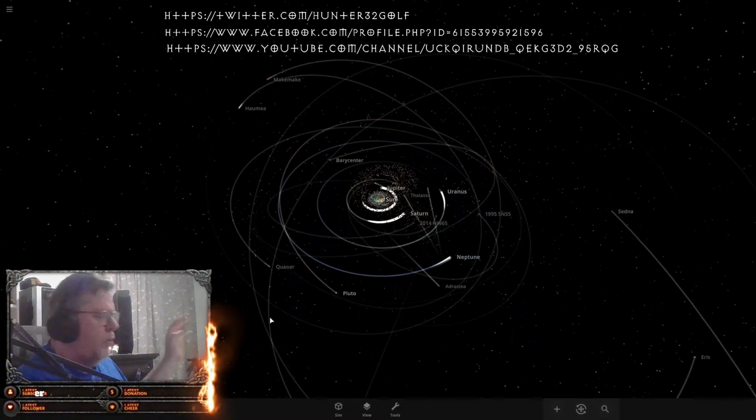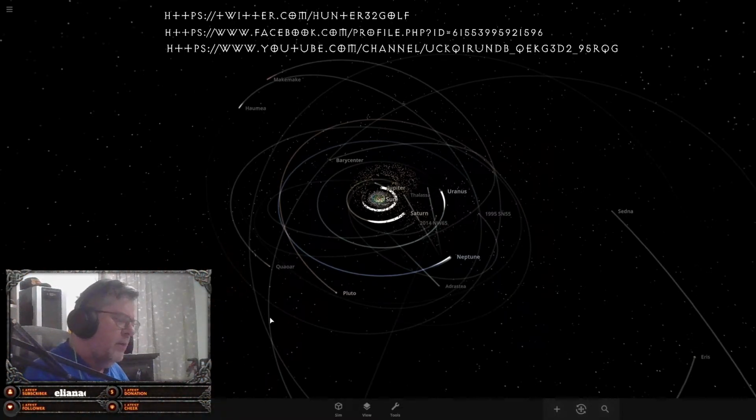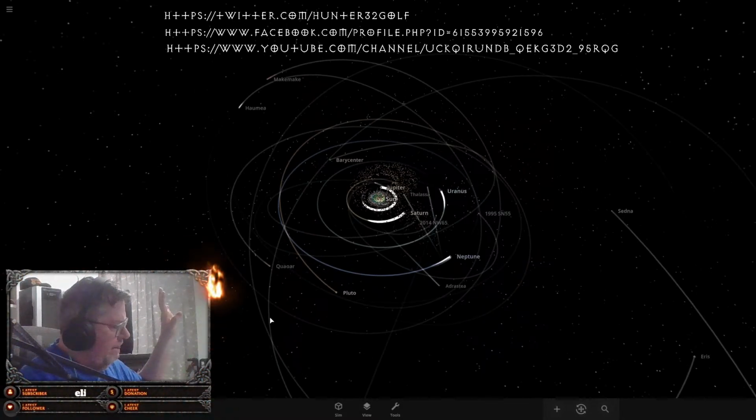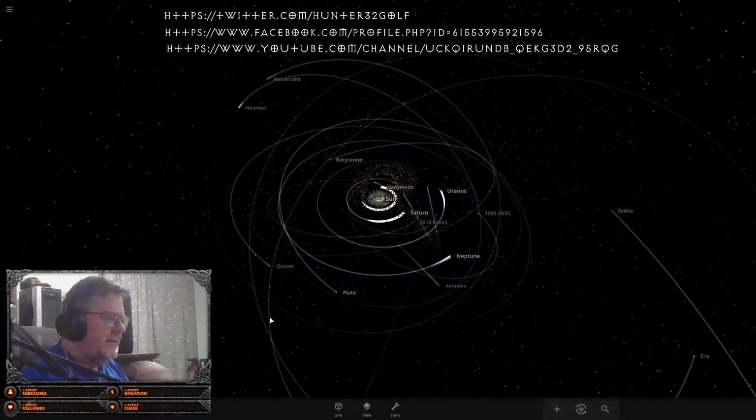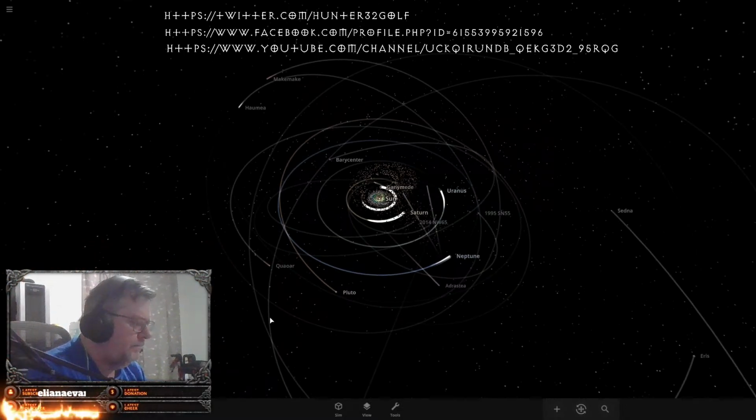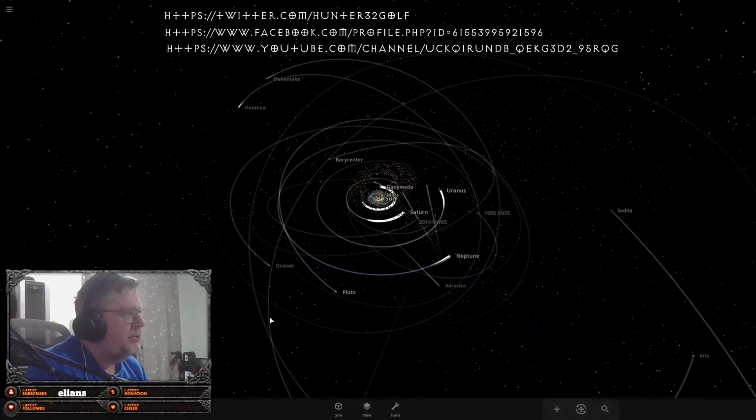The Kuiper belt is the origin of the short period comets like Halley's Comet, and the Oort cloud is the source and origin of our long period comets. The Kuiper belt is 20 times as wide as the asteroid belt and about 200 times as massive.